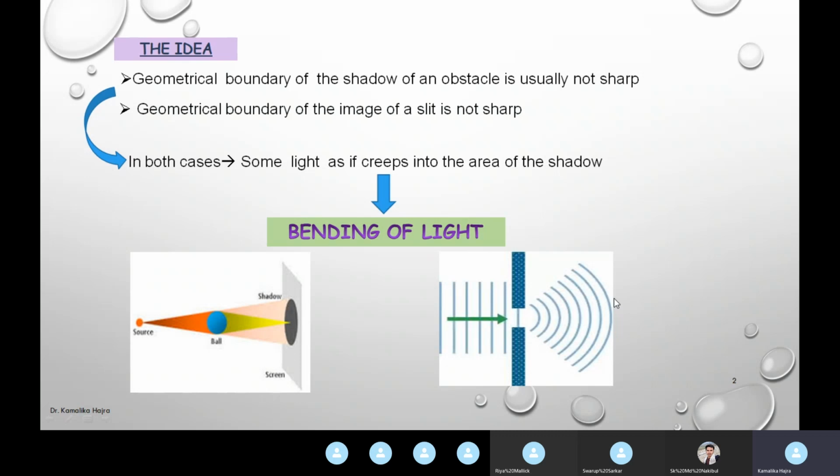There is a spreading of the image, and the image is not equal to the size of the aperture, nor is it a sharp, absolute intensity of the light coming through this aperture. So in both cases it seems that light from this region bends into the region of the shadow.